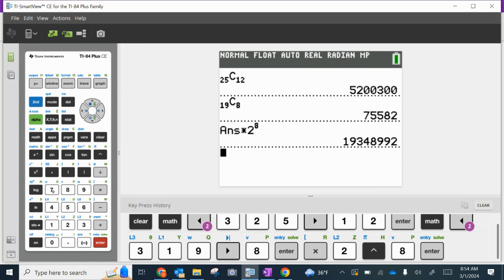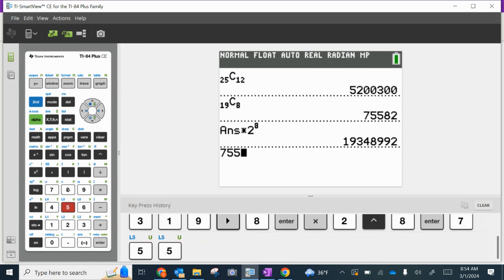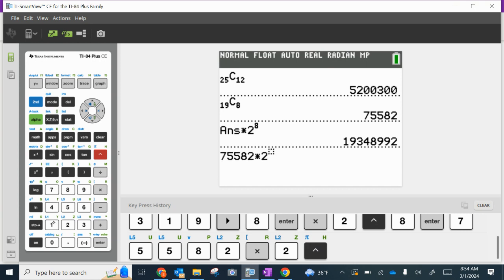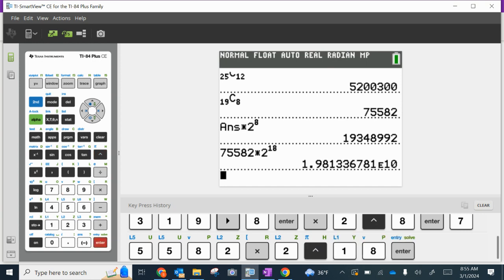If I had 75582 times 2 to the, let's just go 18th, and I got a number in scientific notation, don't multiply it out. Just leave it as the number we found and then times 2 to the 18th. Okay. I don't want the approximated number. I want the exact coefficient. And our calculator sometimes can't handle numbers that big.